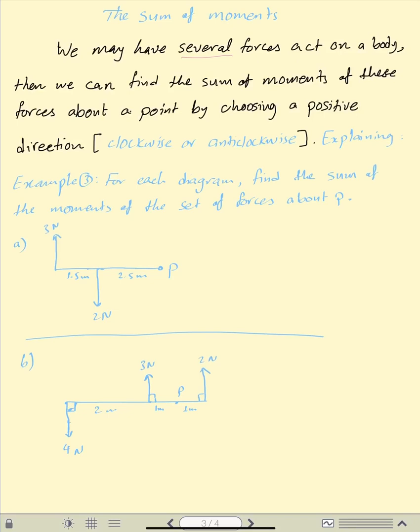But we have something important here. We must state the positive direction. What do you mean by positive direction? Clockwise, as we explained in the previous examples, or anti-clockwise. What are we talking about? For each diagram, find the sum of the moments of the set of forces about P. P will be given according to the diagram.